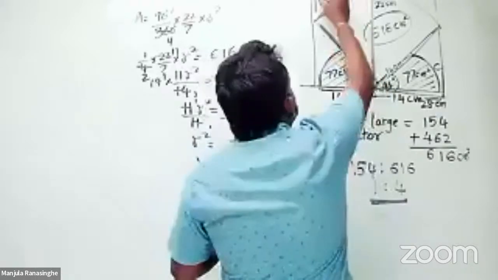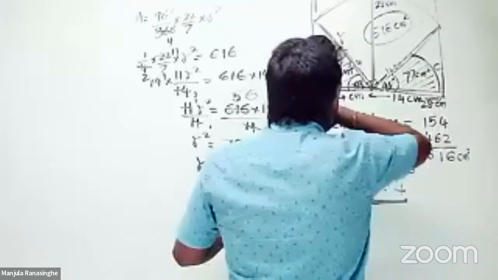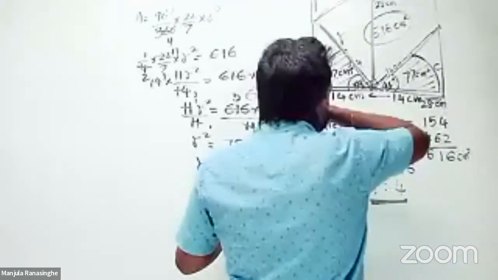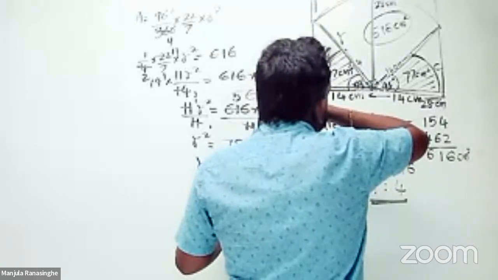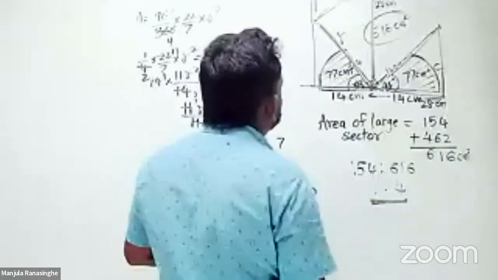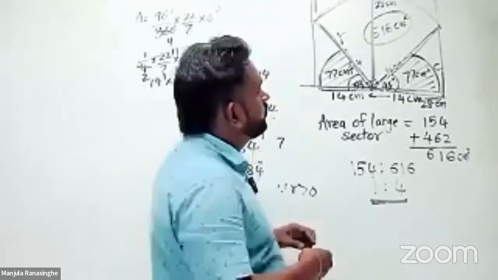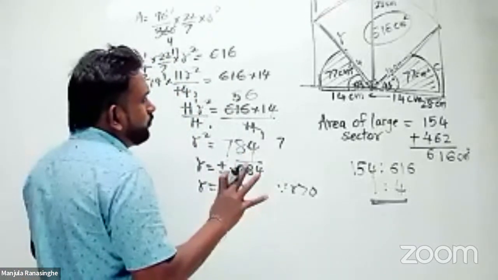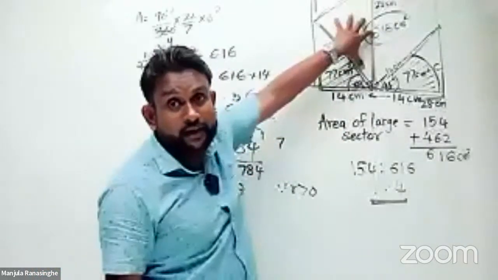If you take 28 side square and here 28 side square, you can say a 28 side square can cut one figure, 28 square, right?